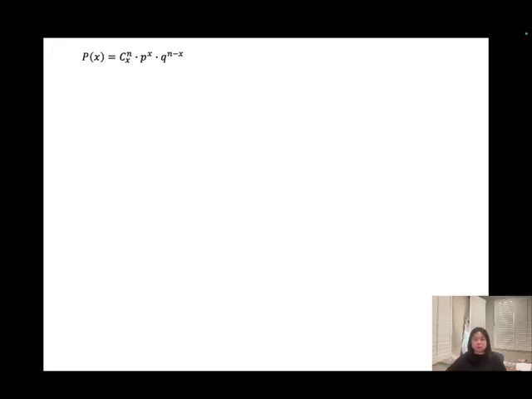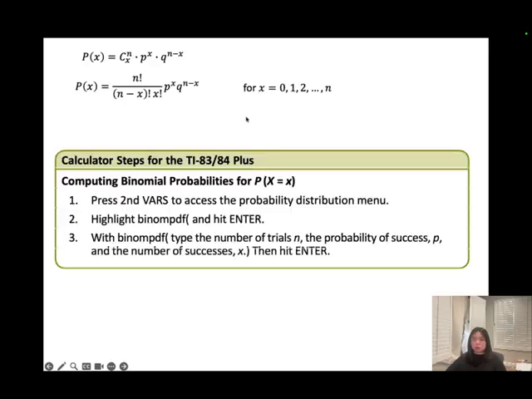Now let's talk about the formula and how to use your calculator. If you want to calculate the binomial distribution probability, you could use the formula using the combination, or you can use the TI-84 Plus calculator directly.